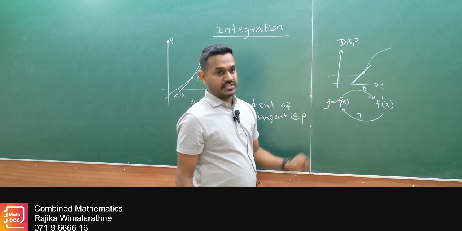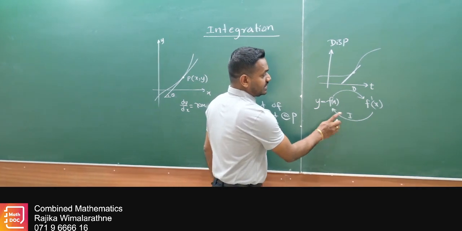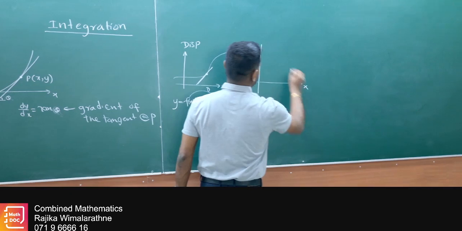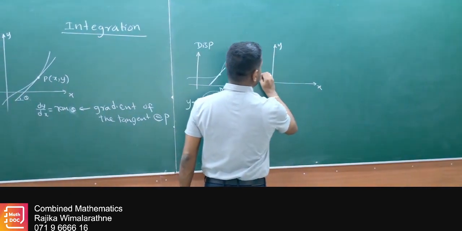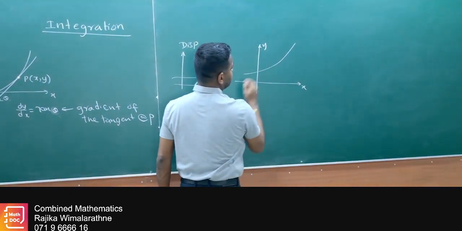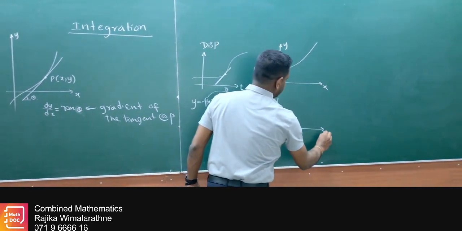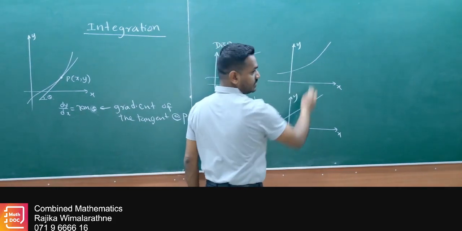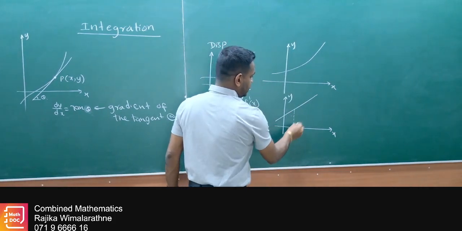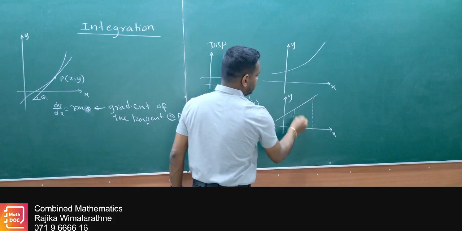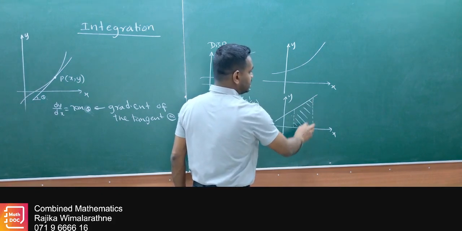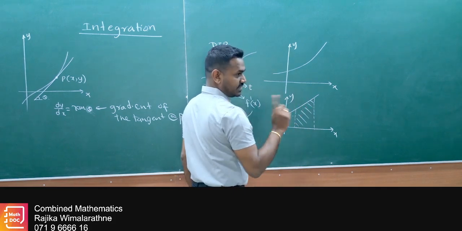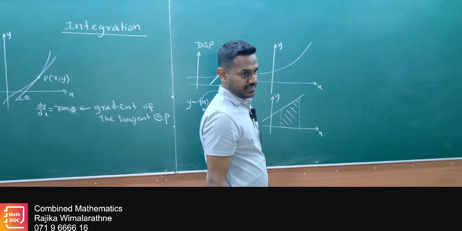By using integration, consider the x-axis and y-axis with this type of graph. Here the boundary is linear, here not linear, no? If you need this bounded area, general geometry we can apply to the trapezium.